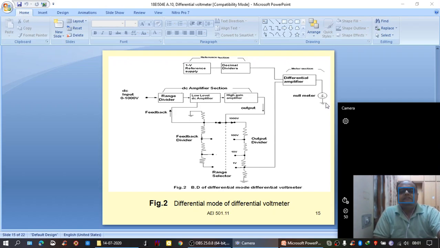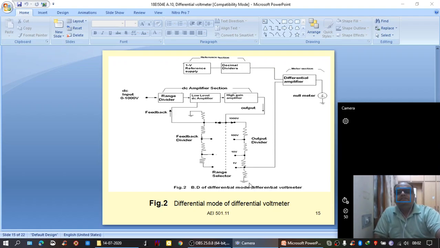When the meter reads 0, it indicates that the potential at this point is equal to the potential at this point. We may not know the potential at this point, but definitely we know the potential at this point because of the known voltages across the circuit. So directly we can give the value of the unknown voltage as the drop across this.